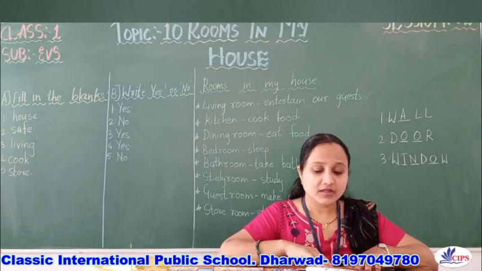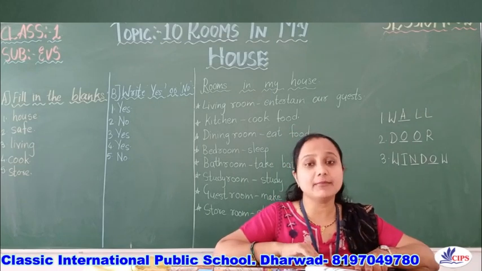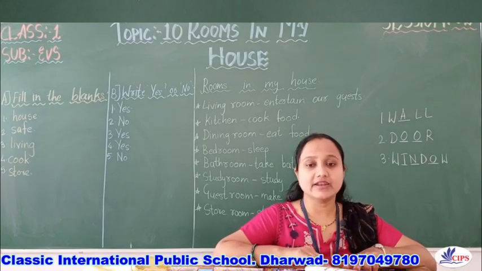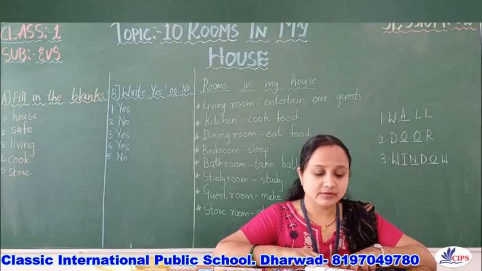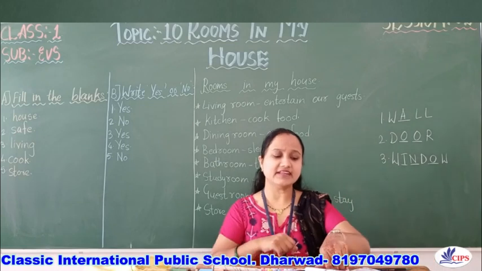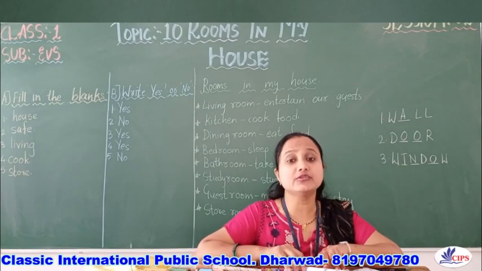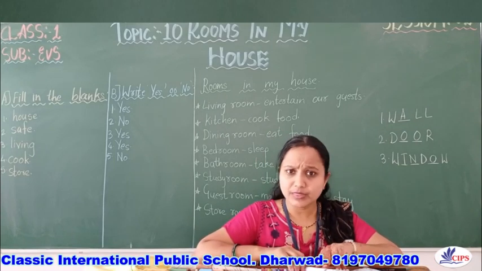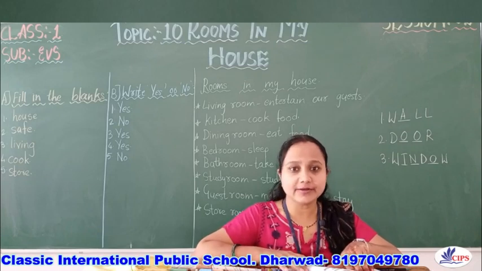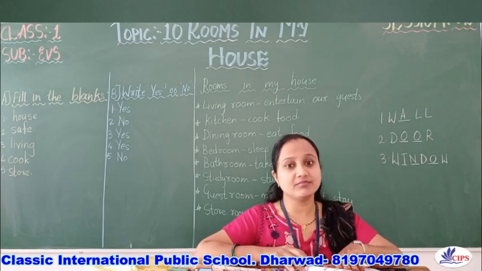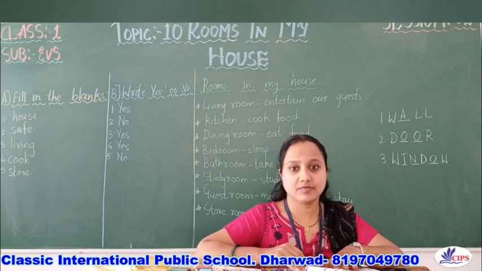Then the third one. The third one shows the study table along with the books, then a computer and a bed. Okay. Then tell me, children, what do you use in your study room? Of course, you need a table to sit and write, do your homework, right? Then even some children may have a computer also.